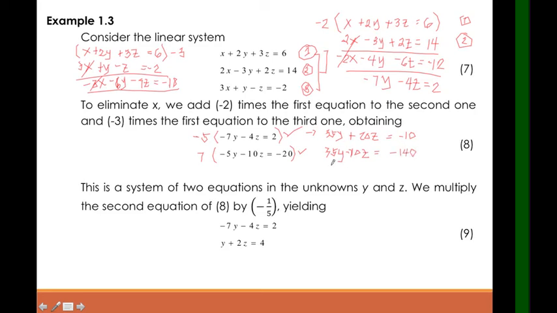Okay, so now we can subtract. I'm sorry, this is negative 35, no? Okay, we can now subtract. Let me check first. Okay, we can now subtract these two, cancel that one, and then this one, 20z and negative 70. I think this is negative 70, so that is negative 50.